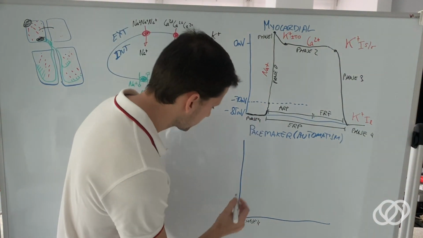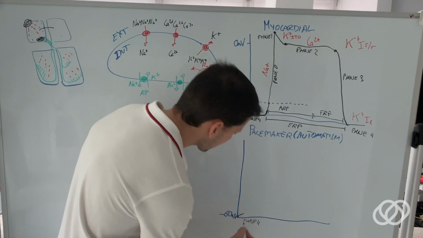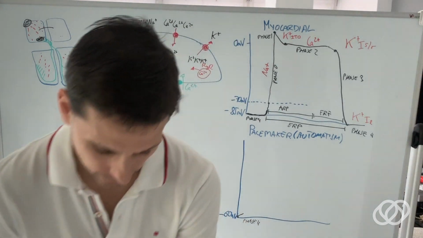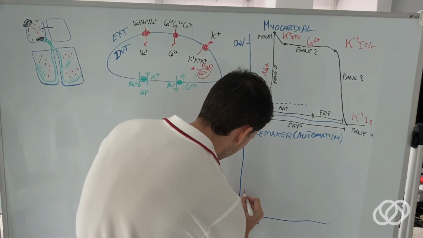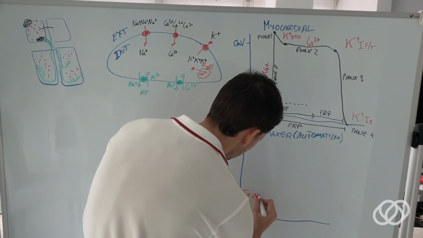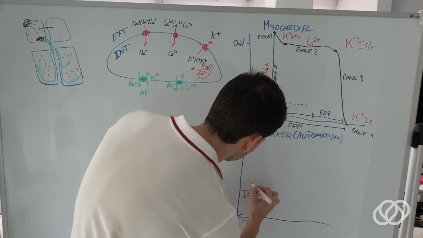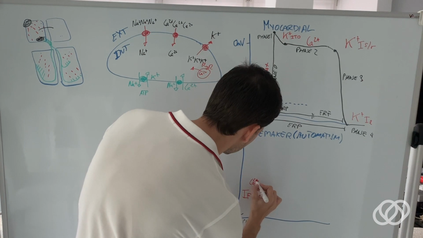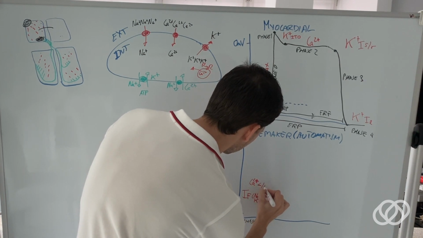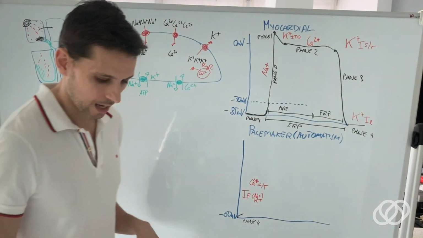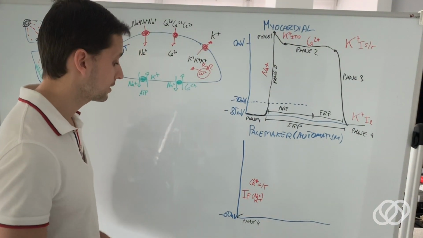So instead of that, we have other channels that are called the IF channels, that also have sodium, could have a little bit of potassium too, and we also have calcium channels, both L type and T type. Okay, those channels are relatively slow. They are very slow.